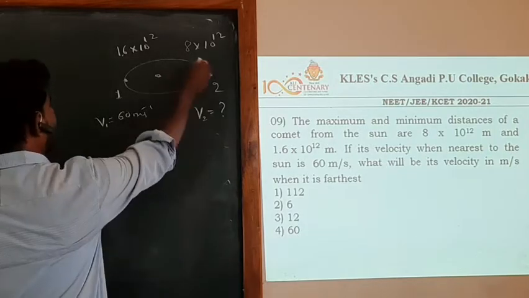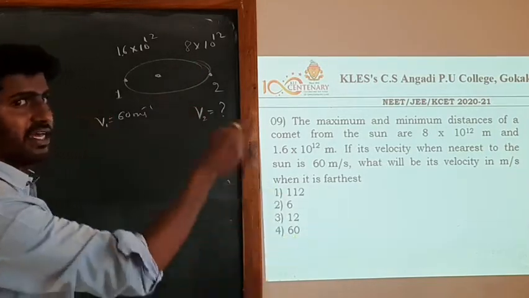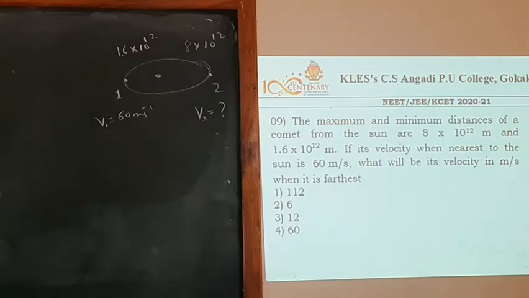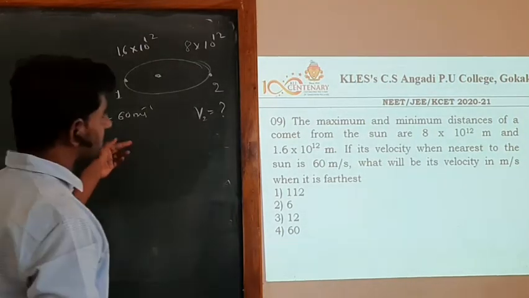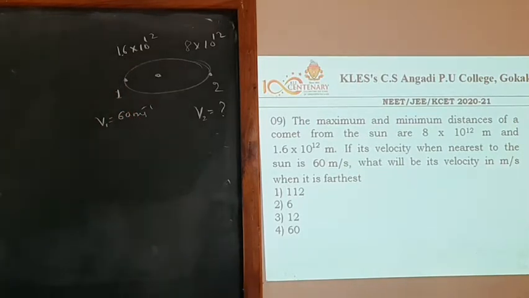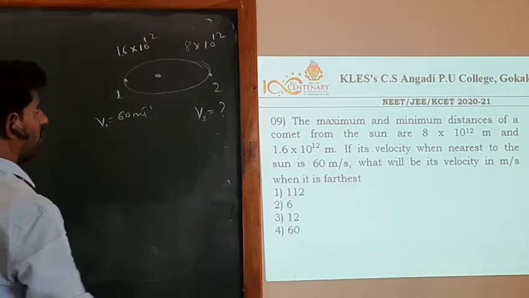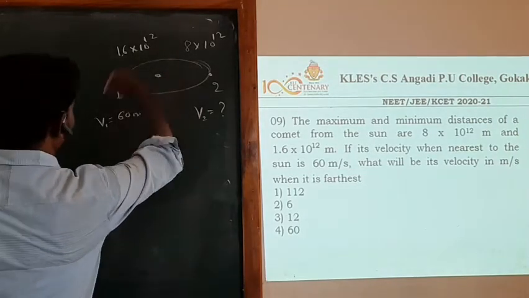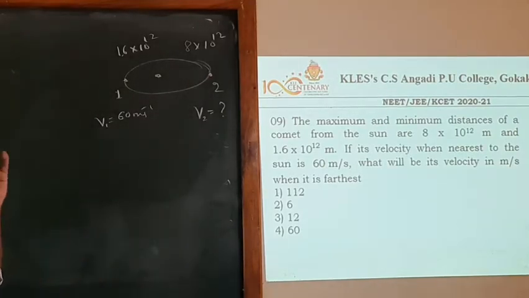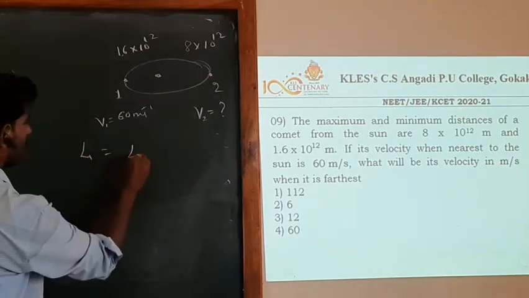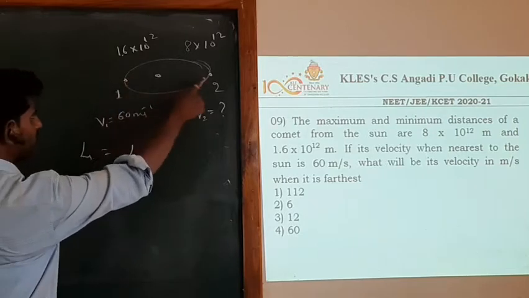For any body in rotational motion, it maintains a constant angular momentum, and that's Kepler's second law. The statement of Kepler's second law is this only: the angular momentum of a planet revolving around the sun is constant. So the comet is also revolving around the sun, so it is maintaining a constant angular momentum. I'll write L1 is equal to L2, the angular momentum at this position and this position.